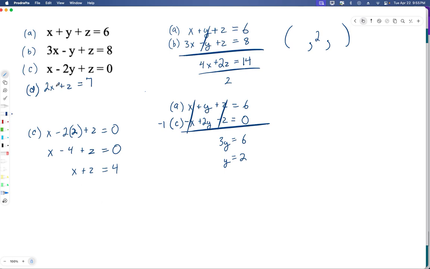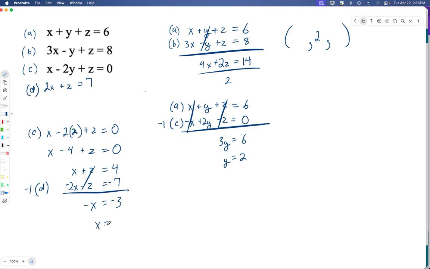Well, now I have 2x plus z. So what I'm going to do is I am going to multiply D by a negative 1. So that would be a negative 2x, and then that would be a negative z and a negative 7. So that's going to be negative x, this cancels, is equal to a negative 3.